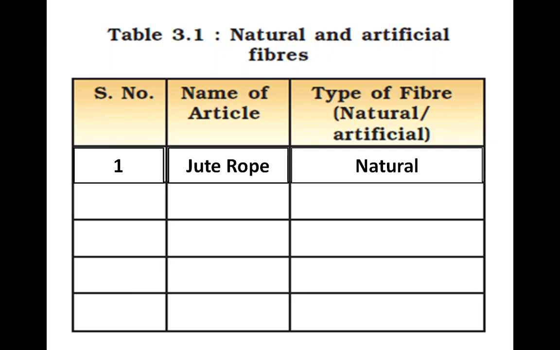For that, just open your notebook, draw this table and start writing the natural and artificial fibers. After completing your table, we will start our important point, that is what are synthetic fibers. Take 5 minutes and complete your table.